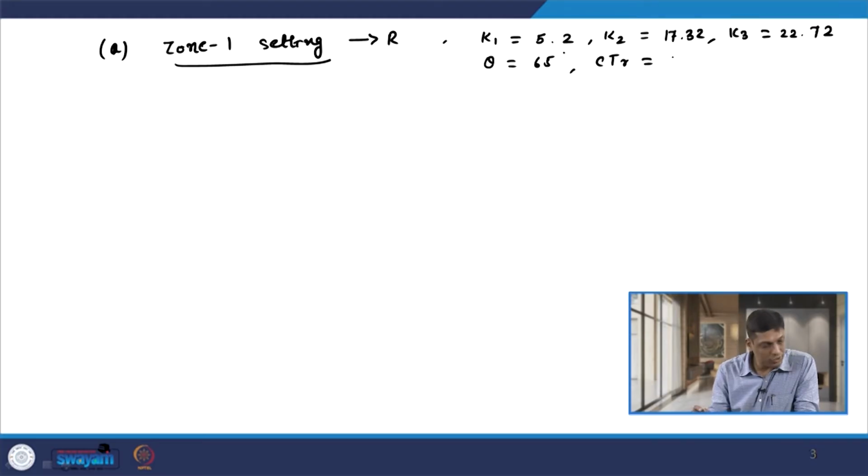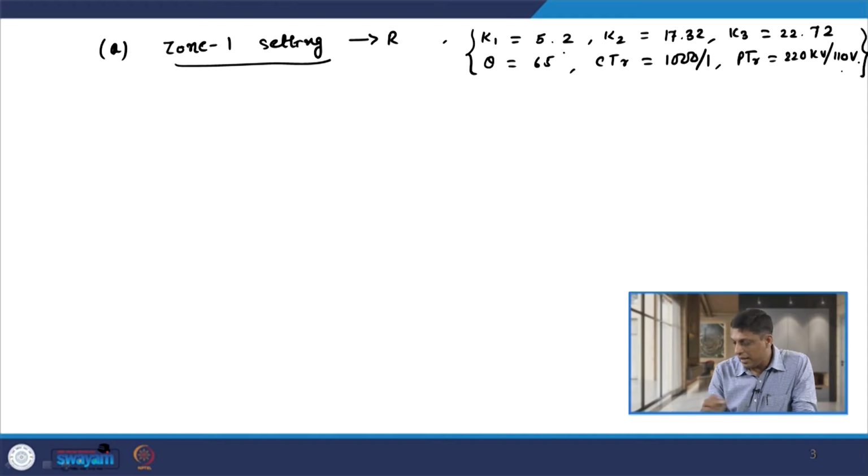The CT ratio is 1000/1 ampere, and the PT ratio is given as 220 kV by 110 volt. So these values are already given, and based on these values we need to find out the first zone reach of relay R for line L1.